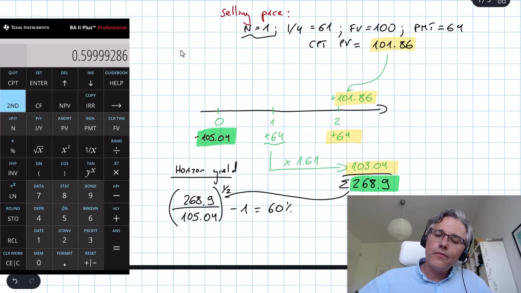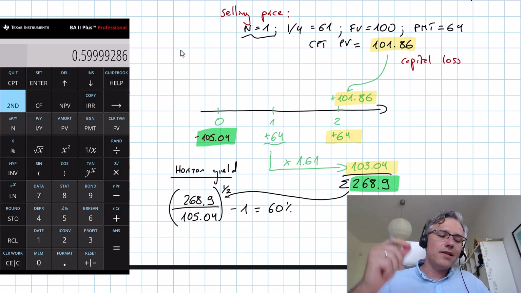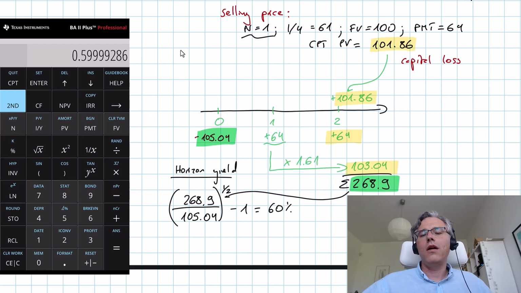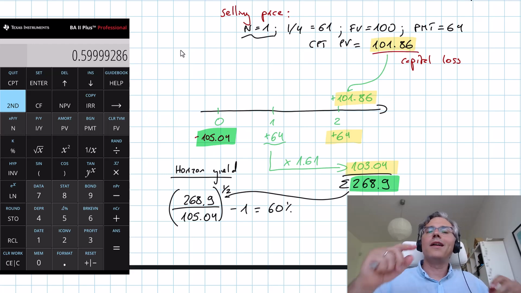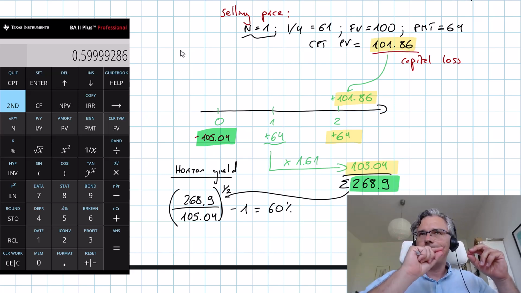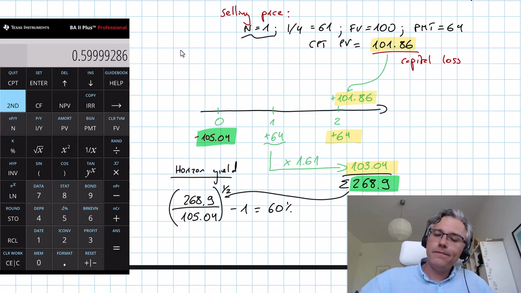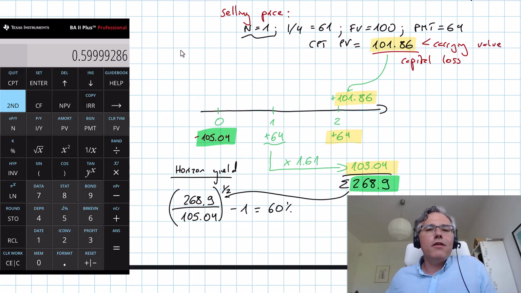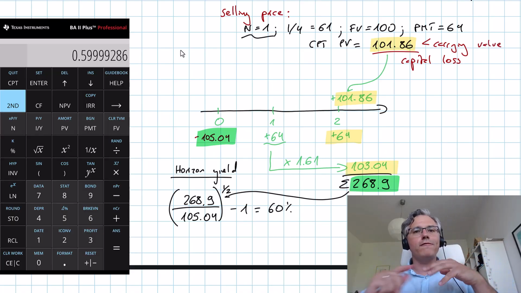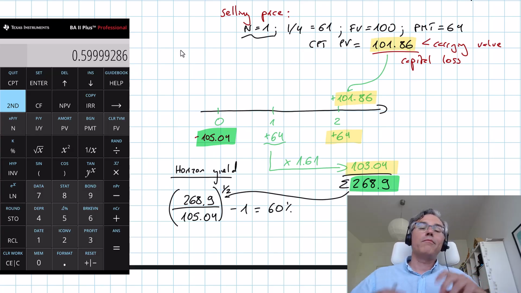First of all, the investor makes a bit of a capital loss because they sell the bond for a price that is lower than the carrying value. And remember from the previous video, for those of you who had an opportunity to watch it, that carrying value is a price that we derived from that constant yield price trajectory.